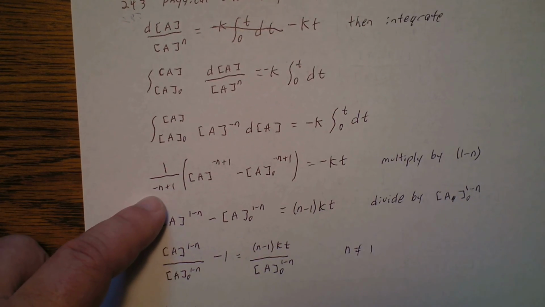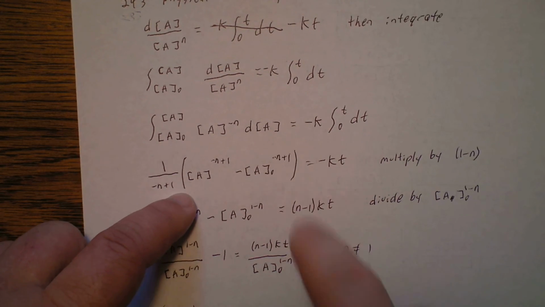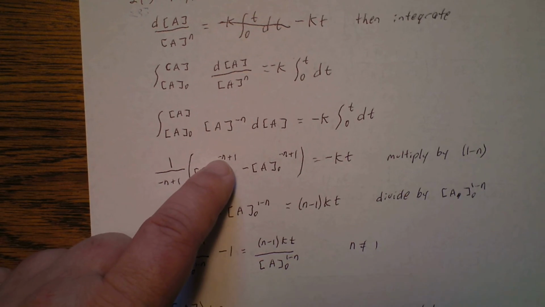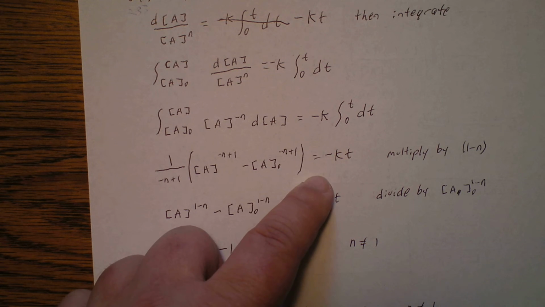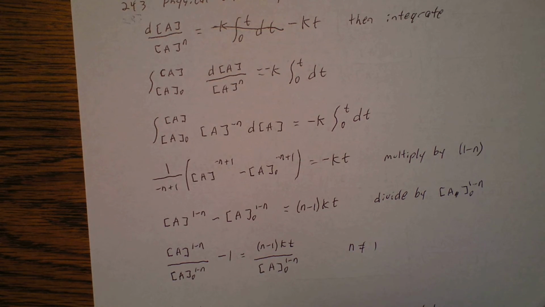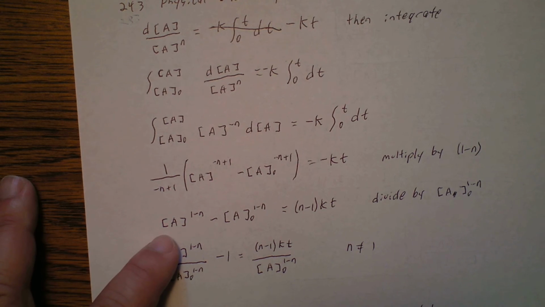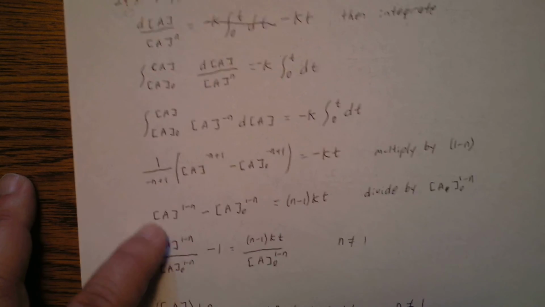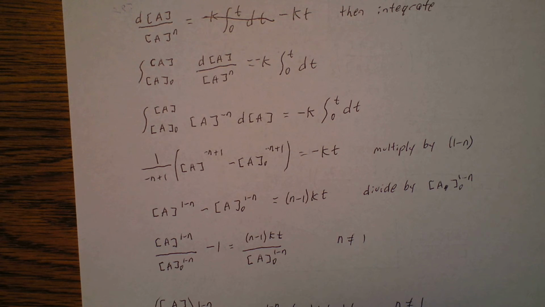So that's going to give us 1 over minus n plus 1 times this whole quantity: the concentration of A to the minus n plus 1 minus the initial concentration of A to the minus n plus 1, and that's equal to minus kt. So we're going to multiply everything now by 1 minus n. So we get the concentration of A to the 1 minus n minus the initial concentration of A to the 1 minus n, and that's equal to n minus 1 times kt.